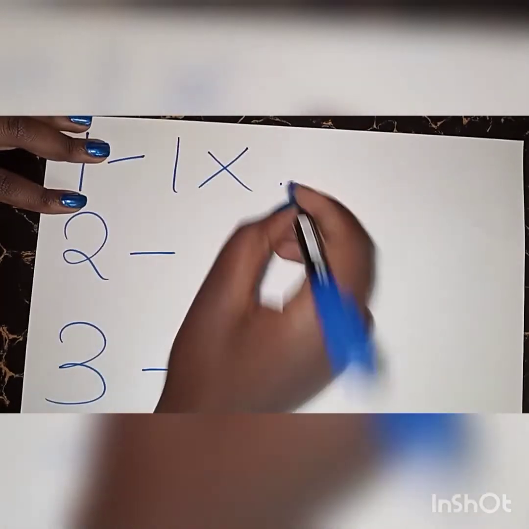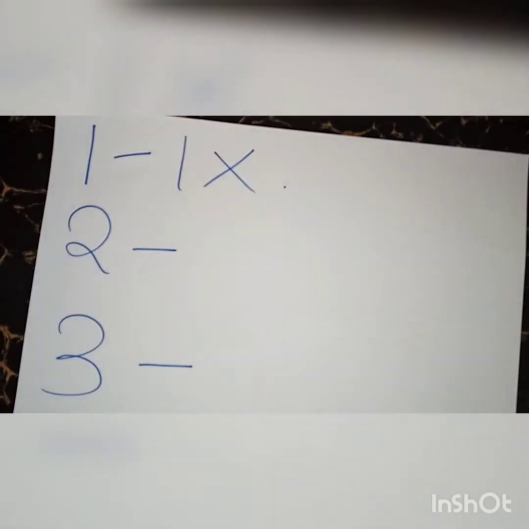And neither can it be a prime number because a prime number must have two factors, divisible by 1 and itself. So the number 1 is neither a prime number nor a composite number, because it has only one factor.